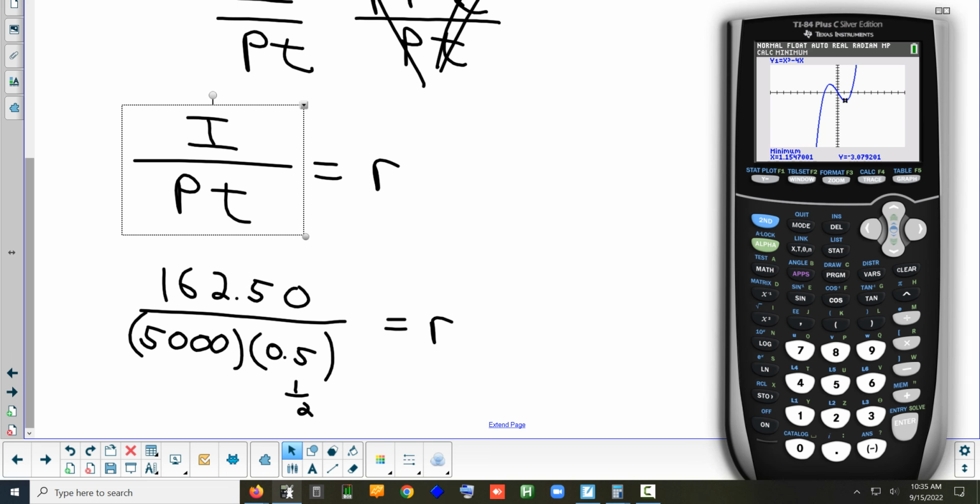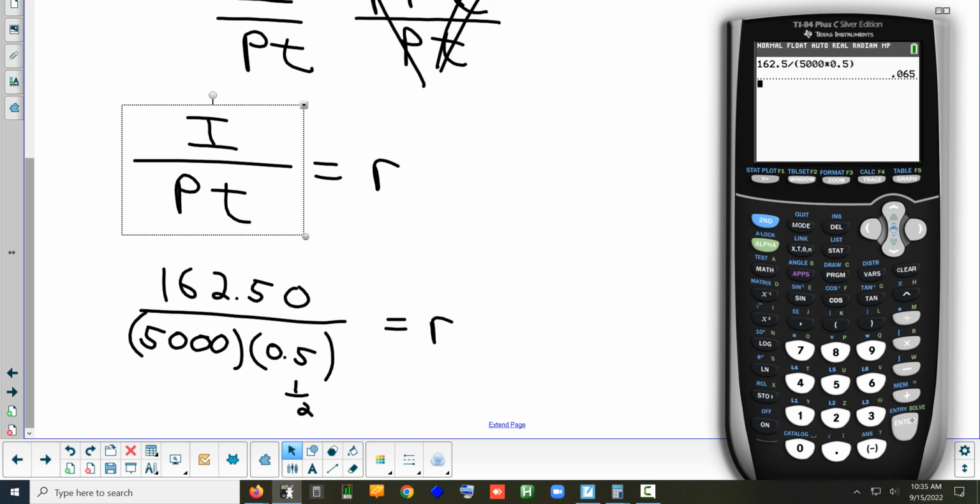All right, let's see. I definitely need a calculator for this. So we have 162.5 divided by 5,000. I'm just putting it in parentheses, just like it is there. 5,000 times 0.5.